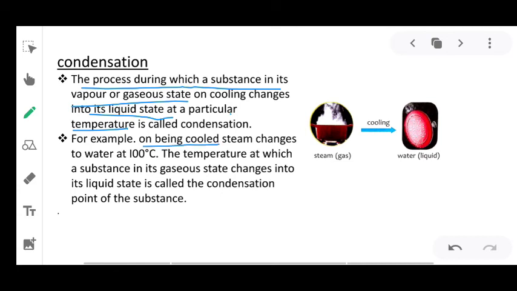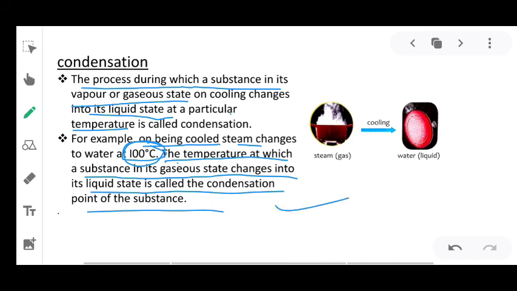For example, on being cooled steam changes to water at 100 degrees Celsius. Okay, and that temperature is known as what? The condensation point. The temperature at which a substance in its gaseous state changes into its liquid state is called the condensation point of the substance.